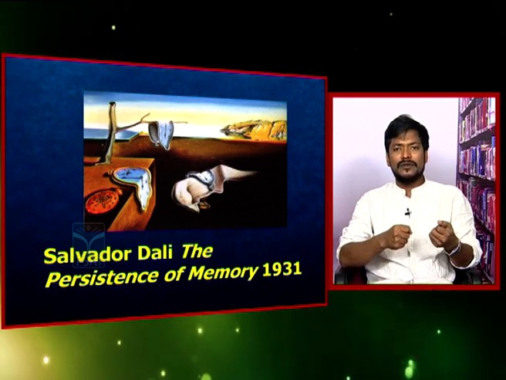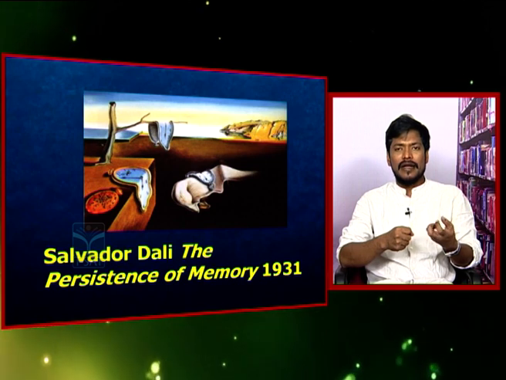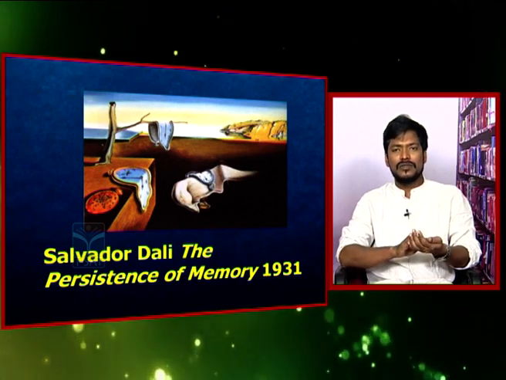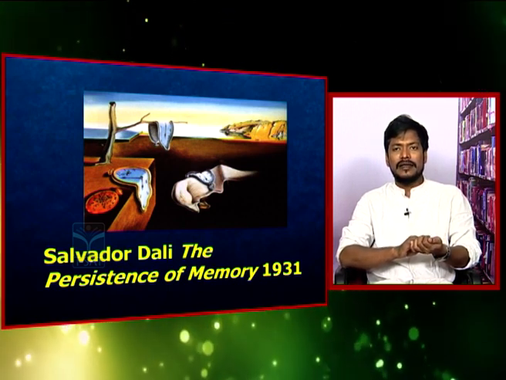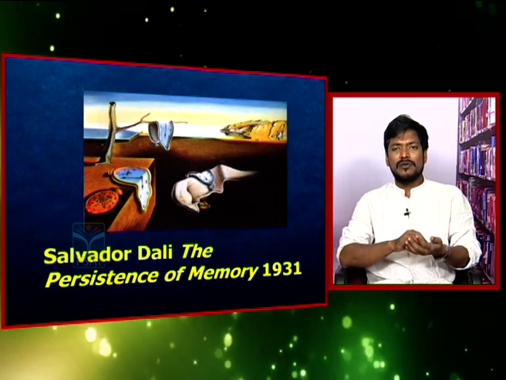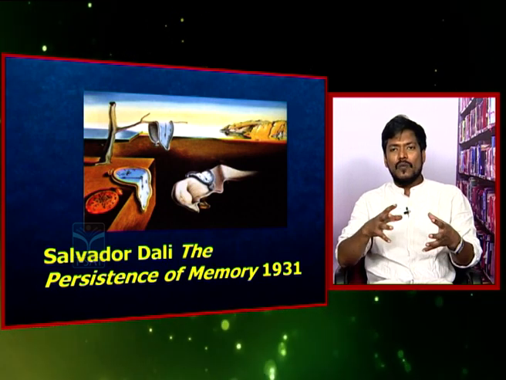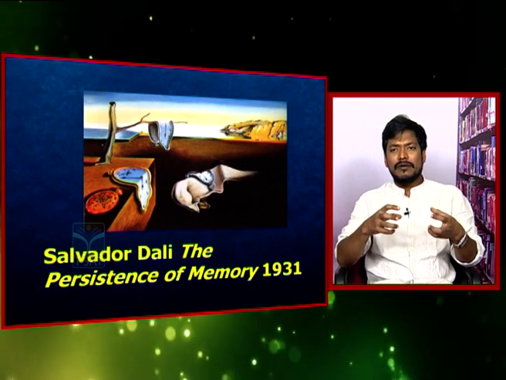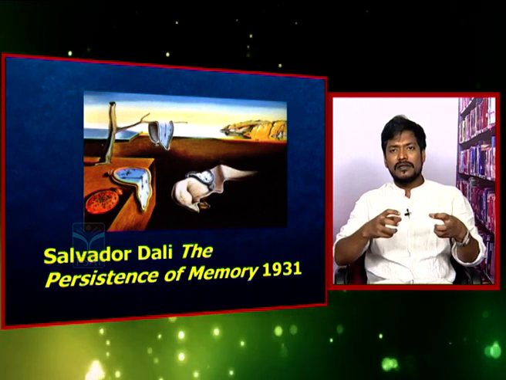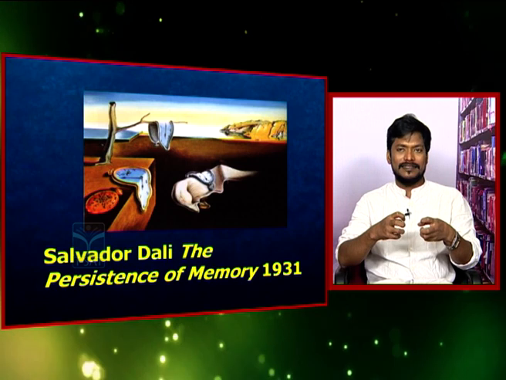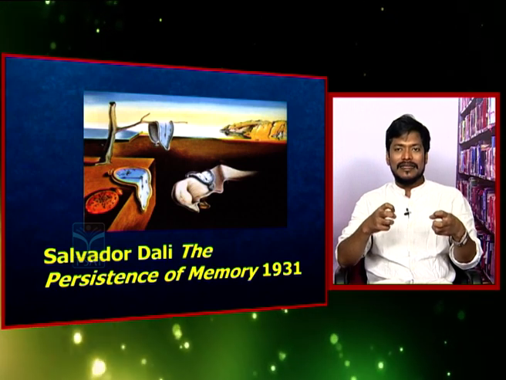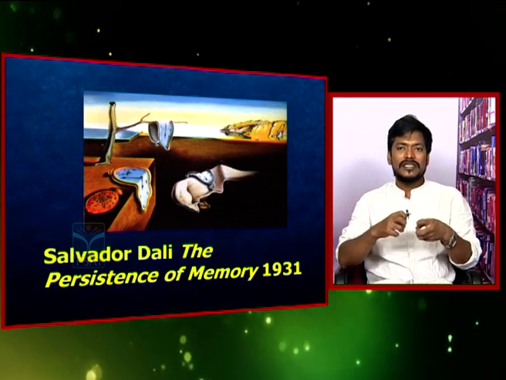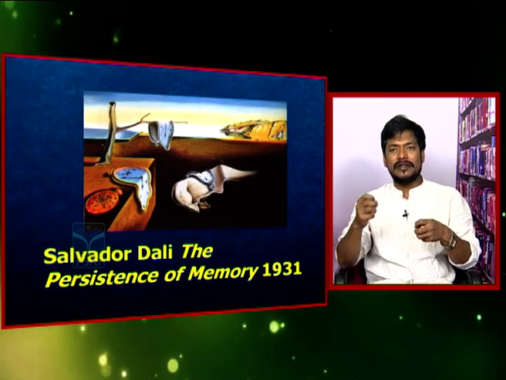And on the left side you have the ants on this closed watch, and it is placed on the table, and on the table you have a tree and branch. And when you look at this, the objects are placed in such a way that they are not logically related, right? Where in the dream you do not have logical relationships between one event and the other.